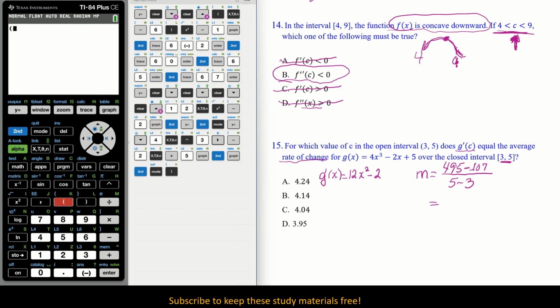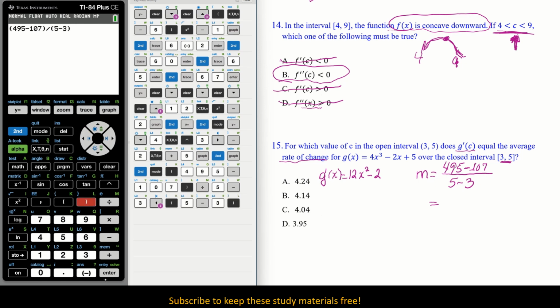Be wary of your order of operations here if you don't use the fractional setup. I'm not using that. So parentheses, 495 minus 107, close my parentheses, divide by 5 minus 3. I have to use my parentheses: 5 minus the 3, close my parentheses, and there we go, 195.